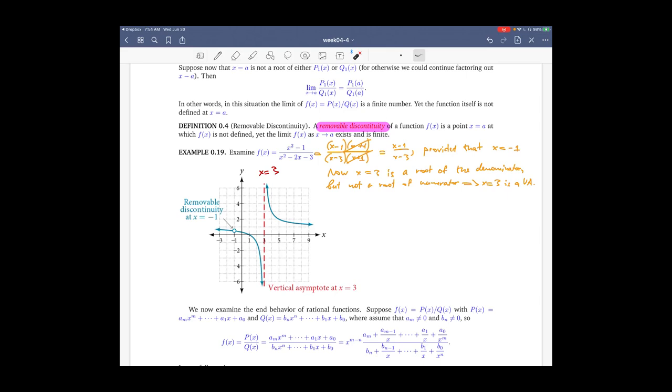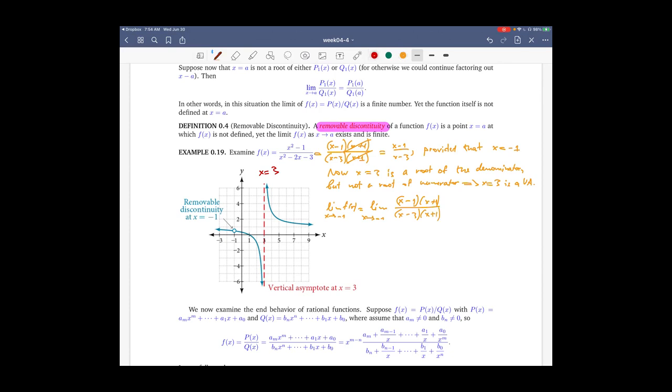-1. And this discontinuity is removable because if I were to compute the limit at -1 of our function f. Our function f is x minus 1, x plus 1, over x minus 3 times x plus 1. Again, our usual argument.